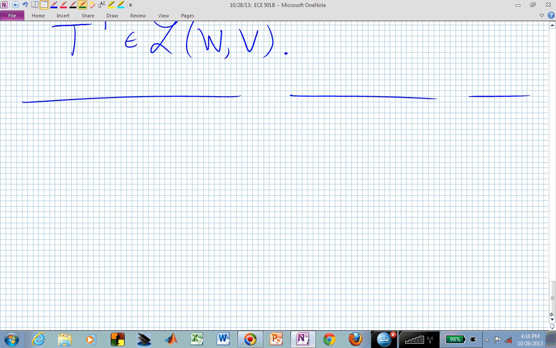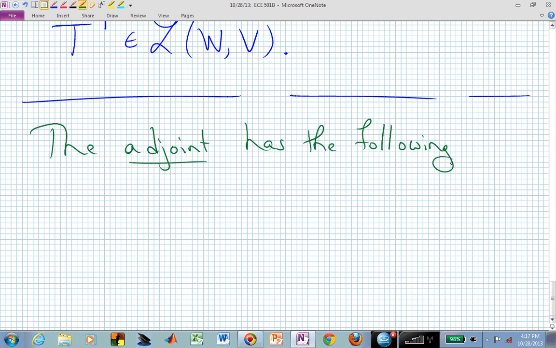Now the adjoint has several properties that I'm really just going to list, but it's nice to be able to have these so that you can simply apply those. So the adjoint has the following properties.